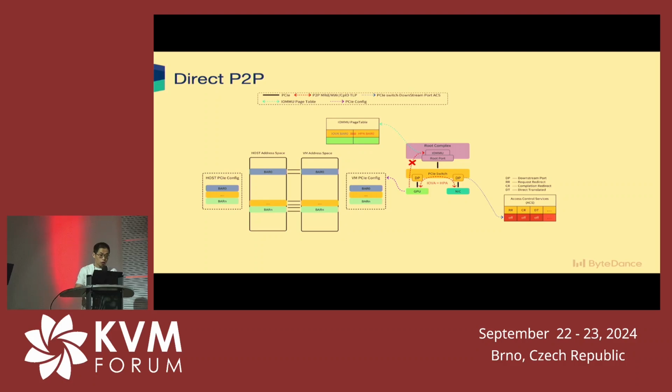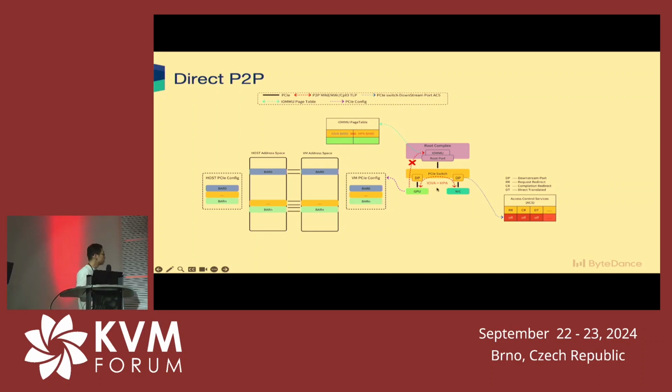Okay. Our purpose is that the device without ATS in the VM behaves the same as when the host disables IOMMU and with ATS supported in the VM. As mentioned above, when the LVA is equal to the GPA, the switch can route this TLP based on the LVA address directly, so that we can get this transmission path.